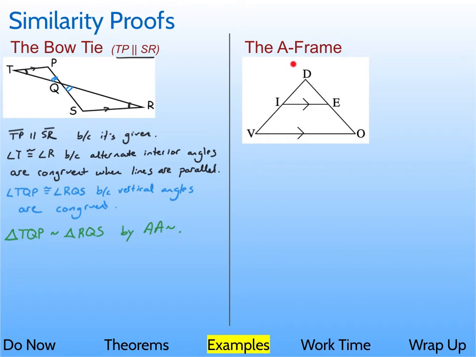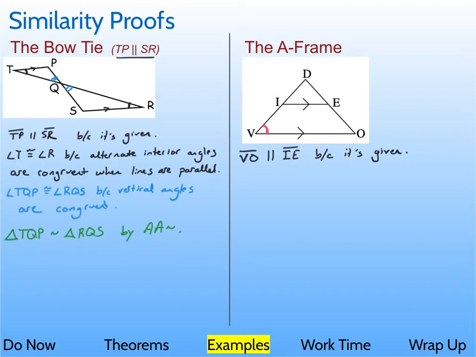All right, with the A-frame, you can tell by the diagram here, these arrows, it says that VO is parallel to IE. So let's start with that. Okay, VO is parallel to IE because it's given. Now, the next step here, when we have these parallel lines, we may have forgotten about these, but they pop up again.